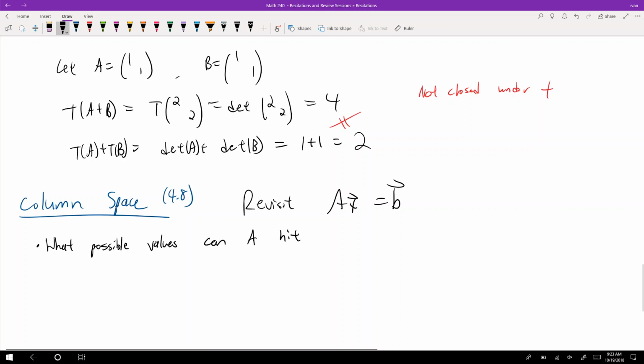If we're thinking of A as a map, A is taking in something from Rn, and we're going to Rm. So in other words, what is the image, or you guys might be more familiar with the range of A?